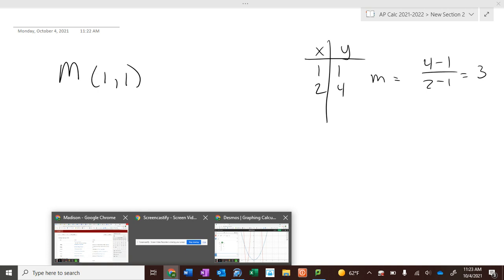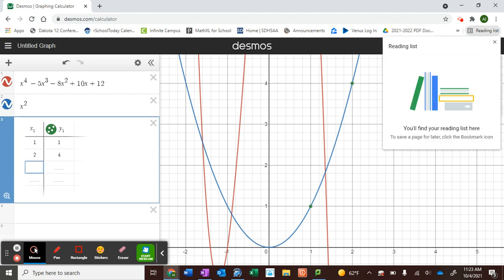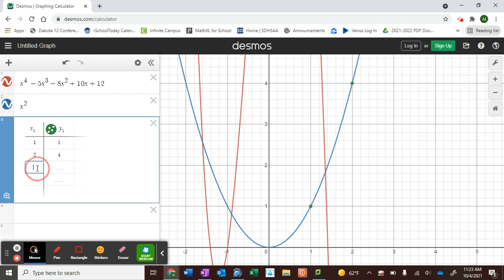Now, let's not go there. Let's go somewhere closer, like 1.1. So if I go 1.1, my y would be 1.21, because 1.1 squared is 1.21.